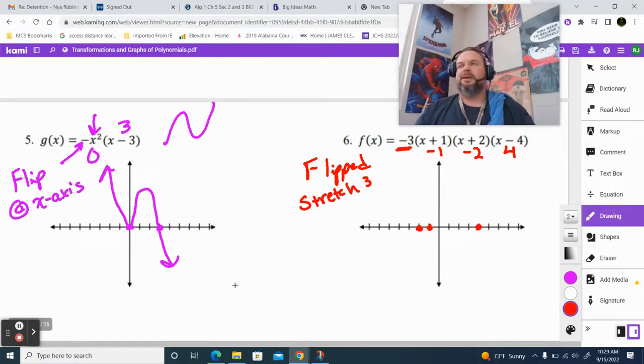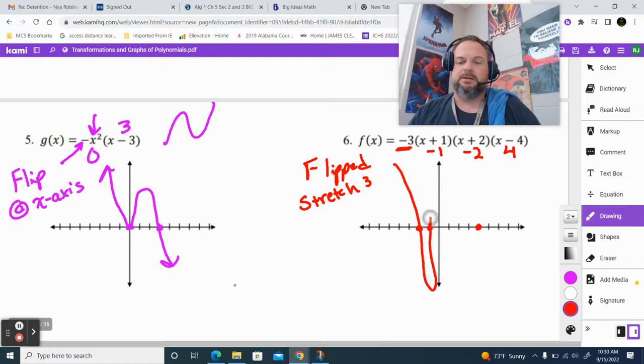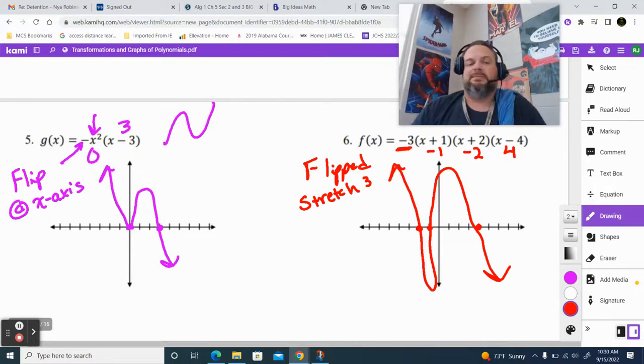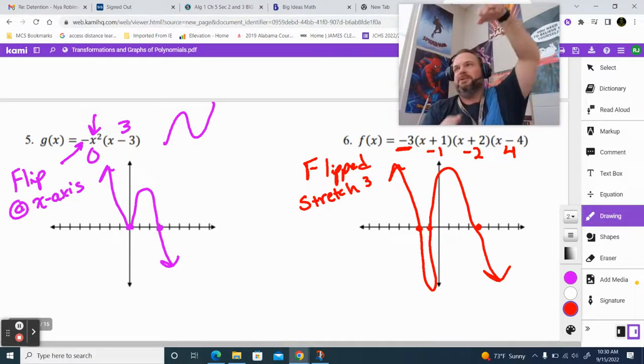Now, it's hard to actually get that vertical stretch without labeling stuff. We're guesstimating. So it's going to look similar to this one. So this is going to go here. Almost got it. Okay. Now, is that probably 100% accurate? No. But I did embellish it so it does look like it is actually vertically stretched a little bit.